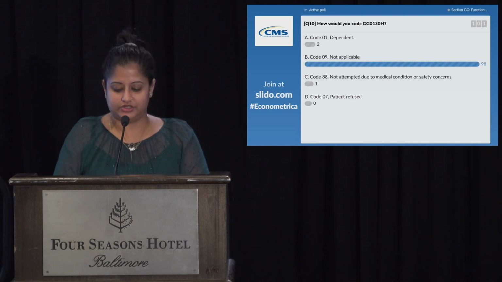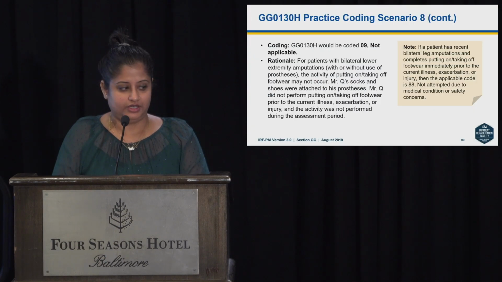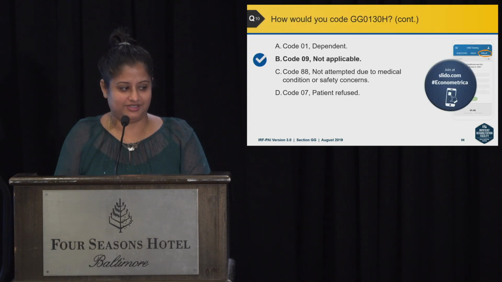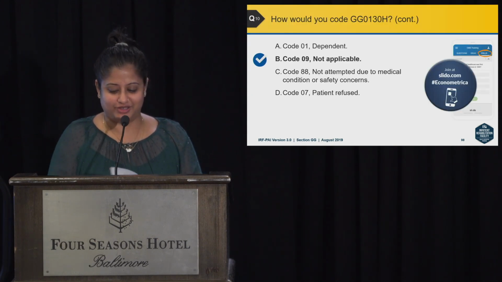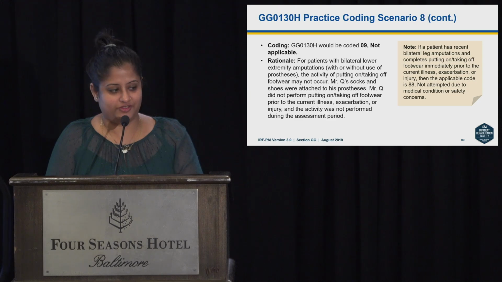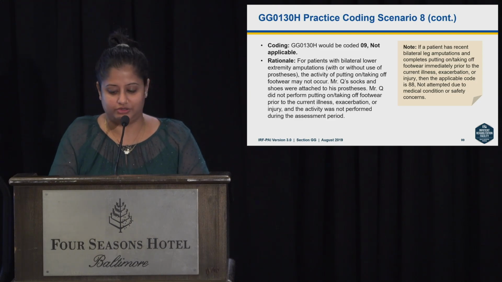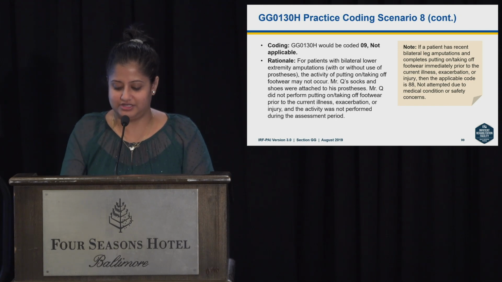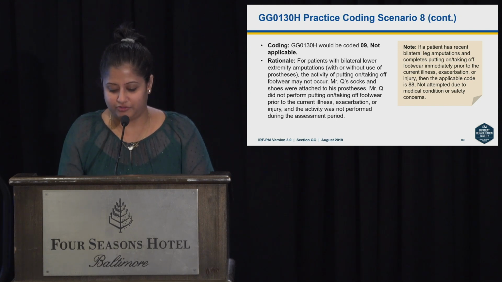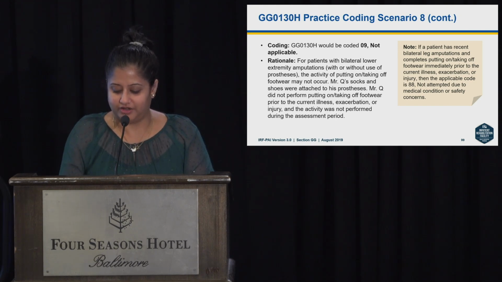Great, and we'll take a look at the correct answer now. And it is 09, not applicable. The rationale for this is that for patients with bilateral lower extremity amputations, with or without use of prosthesis, the activity of putting on and taking off footwear may not occur.